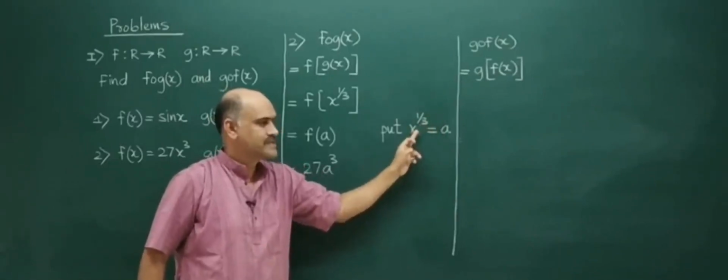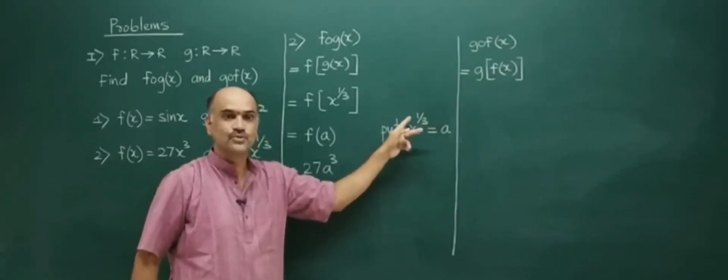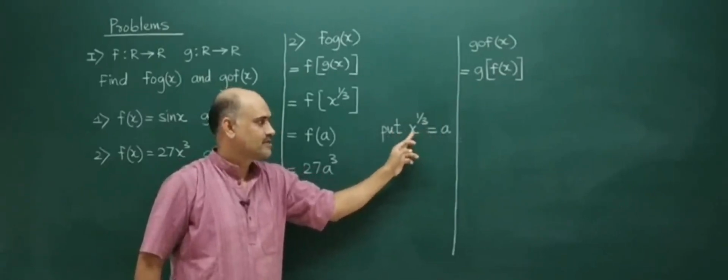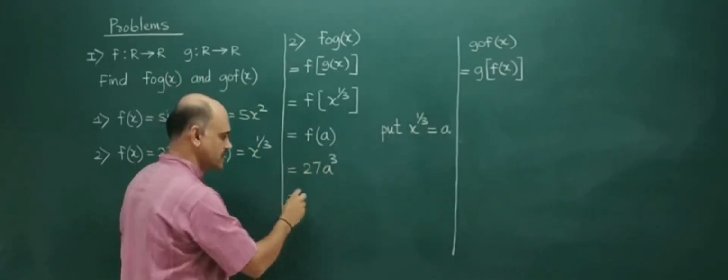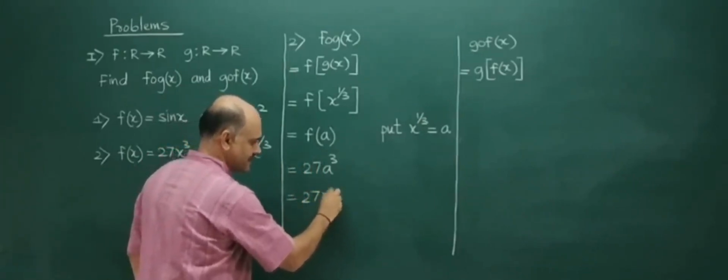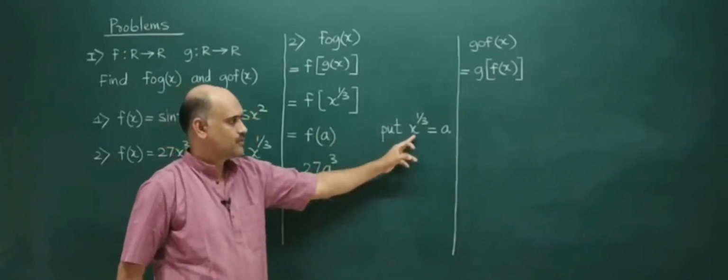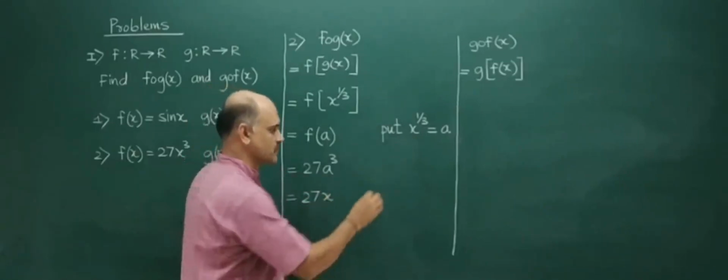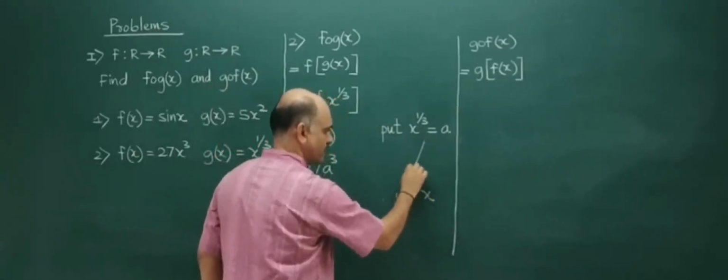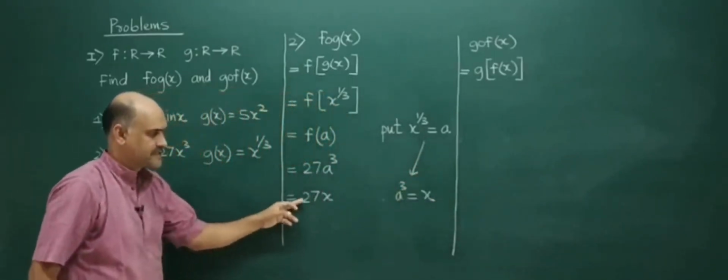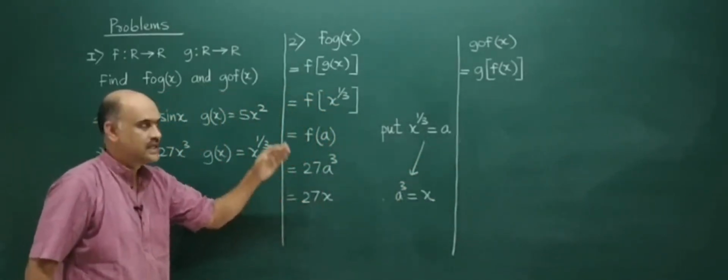So a cube will be x, the cube root gets cancelled. Directly you may write or you may substitute. So this is 27x. a cube will be x, because a cube is equal to x from over here. So you will have 27x.